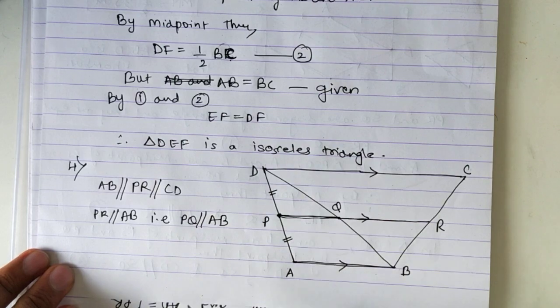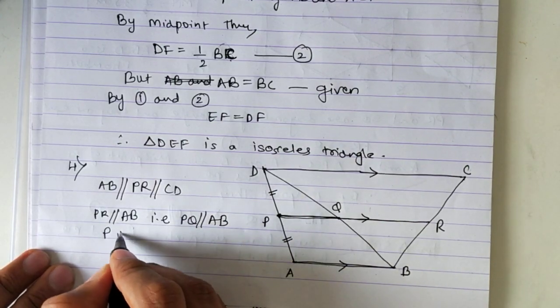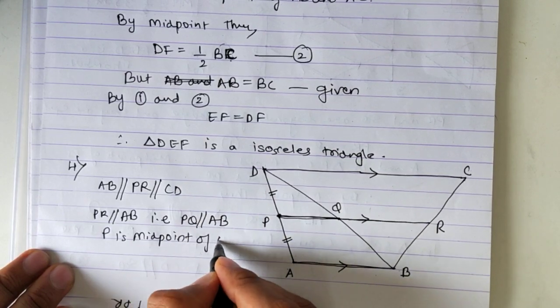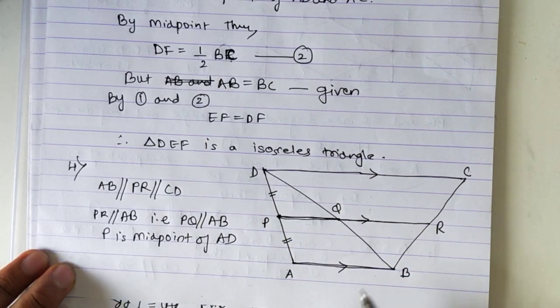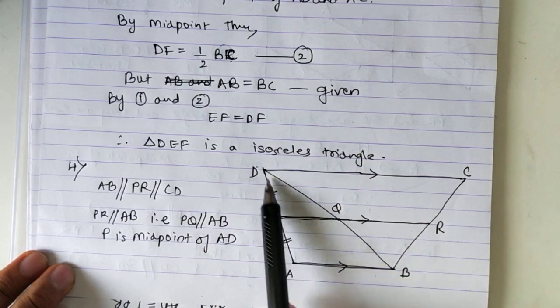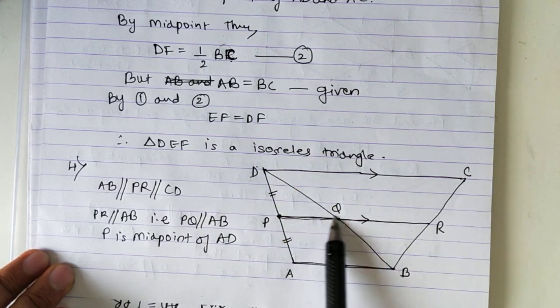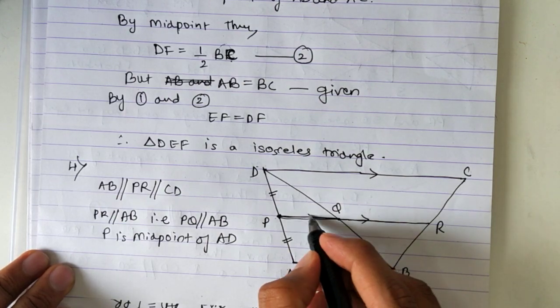Okay, so we have this one information, and we also know that P is the midpoint of AD. Correct. So see, in this triangle DAB, P is the midpoint of AD and PQ is parallel to AB.